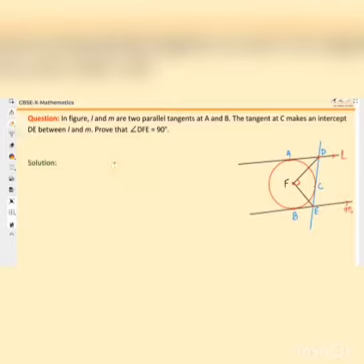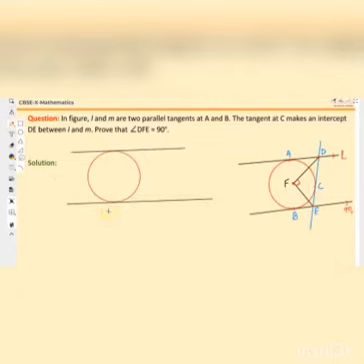Okay, so try it. I will try to show you one more different way of thinking about this problem. So let me show it to you that C can be any point. For example, suppose C is this point.